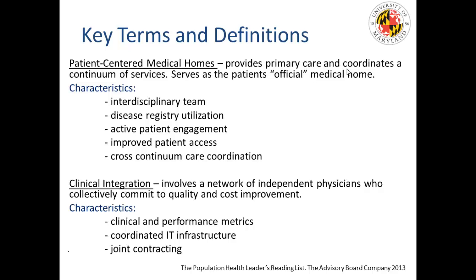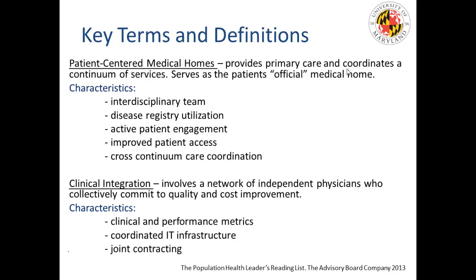So the characteristics of a patient-centered medical home: it's an interdisciplinary team. They have a disease registry that they're looking at. So you're looking at a panel. So let's say you have a medical home and you have 500, let's say it's 150 patients with diabetes.